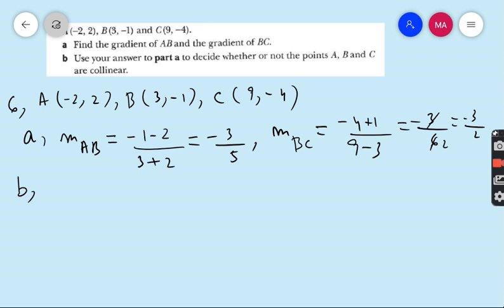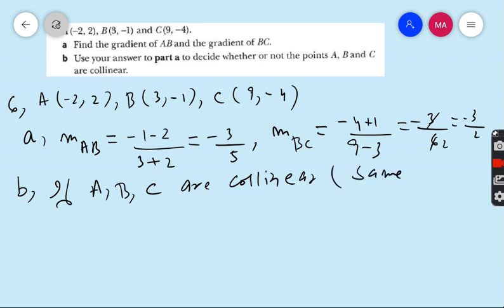Part B. Use your answer to part A to decide whether or not the points A, B and C are collinear. Students, if A, B, C are collinear, collinear means they lie on the same line, then the gradient of AB should be equal to the gradient of BC.